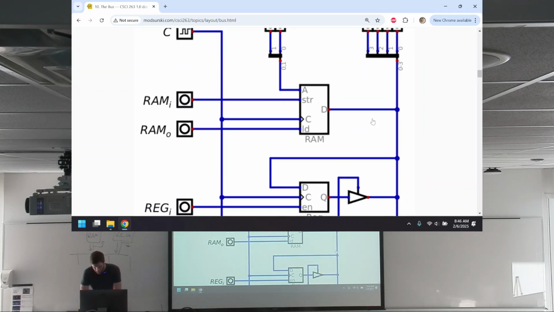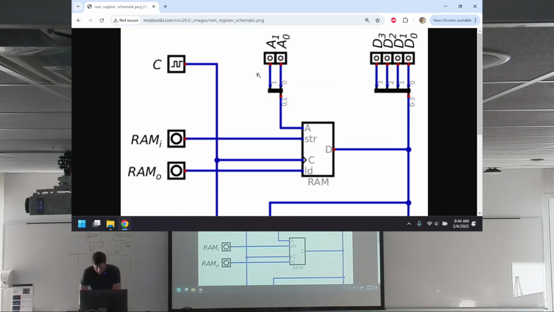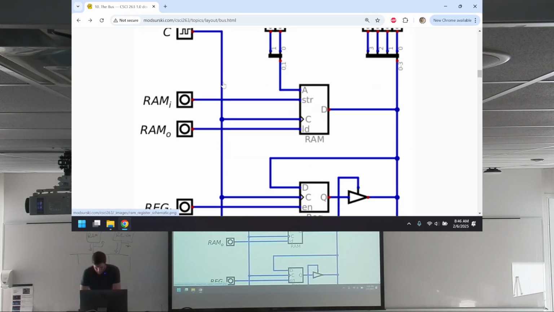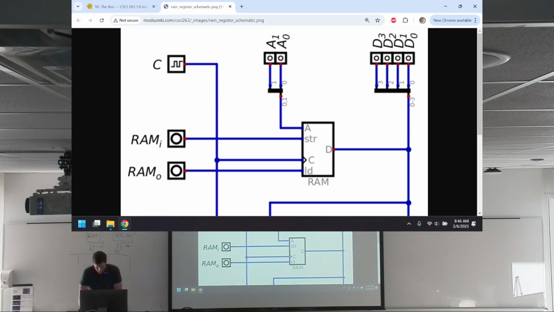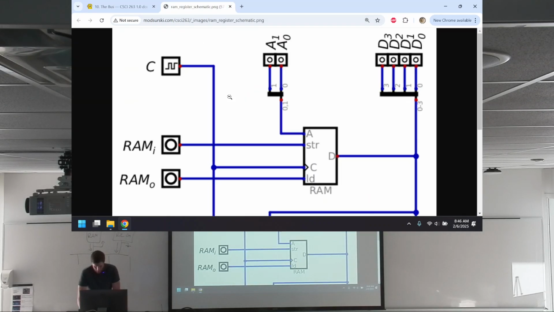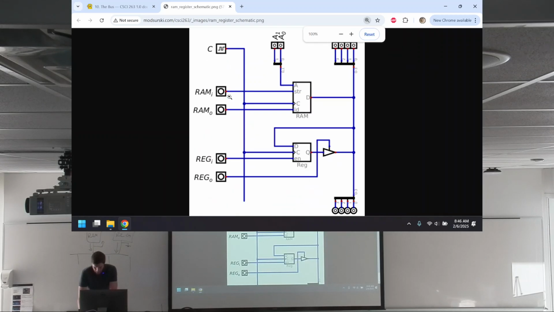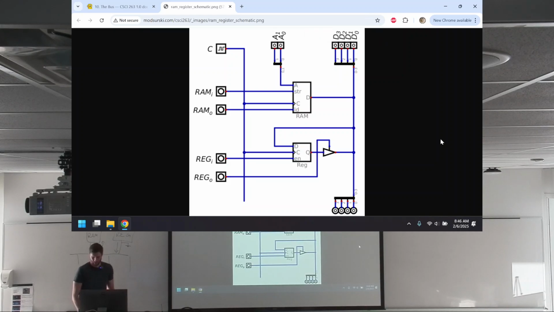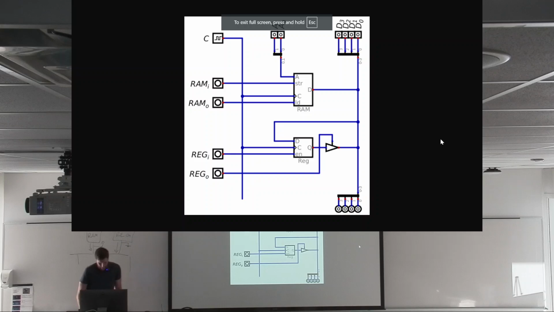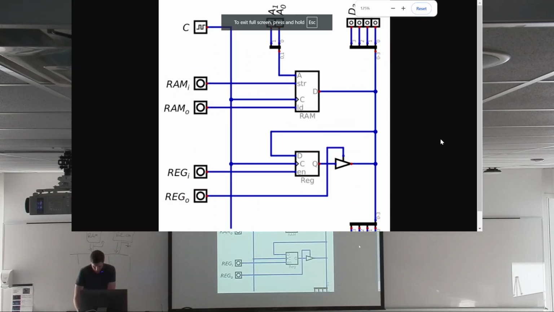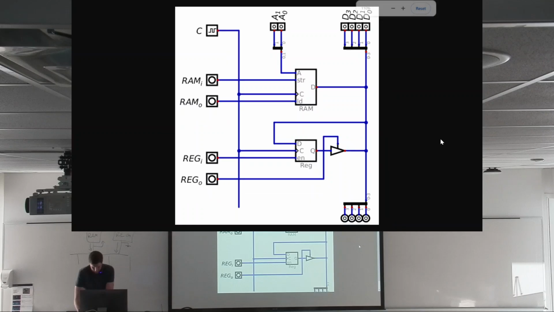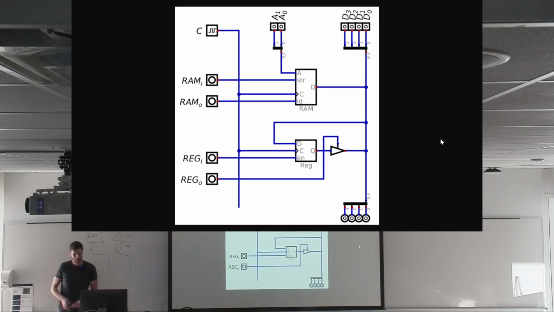So, I'm going to click this. No, back. Here is a design. Have a look at this. Let's just do that. What do we have going on? Actually, no. I'm going to give you 30 seconds. Look at this. Try to make sense of what's going on, and then we're going to talk about it.